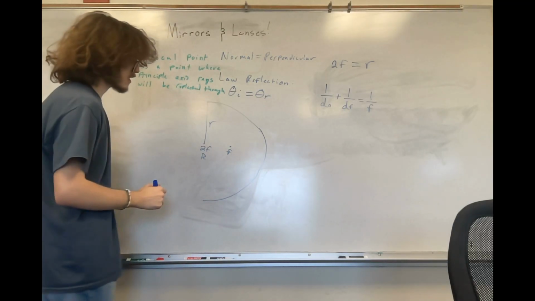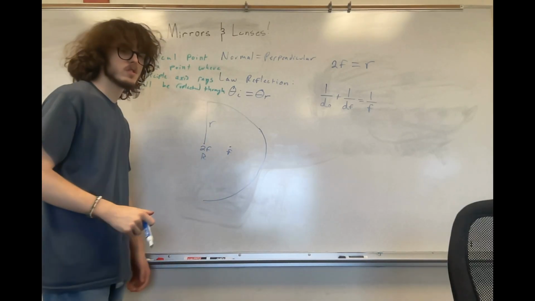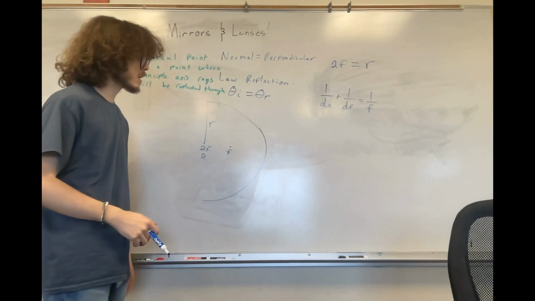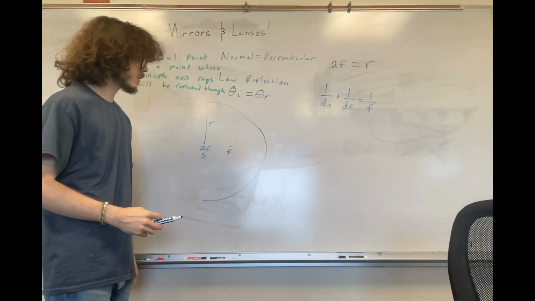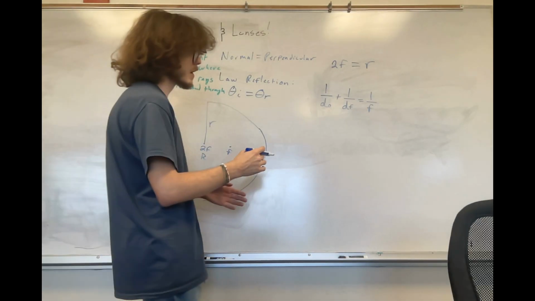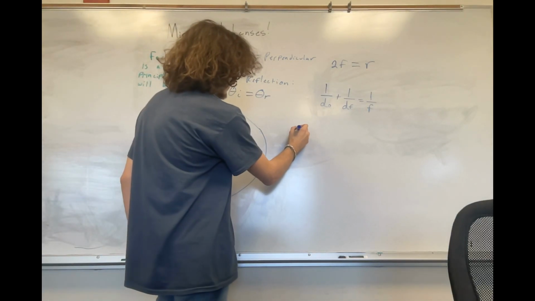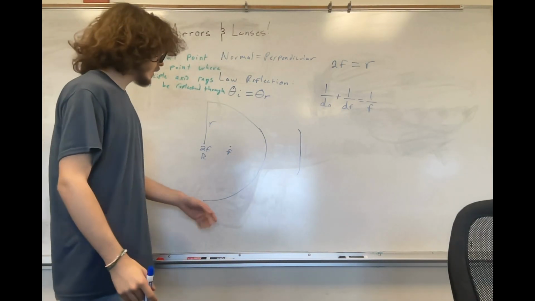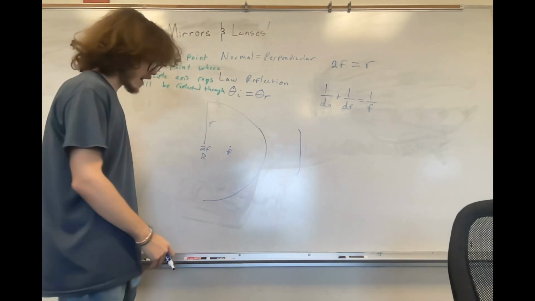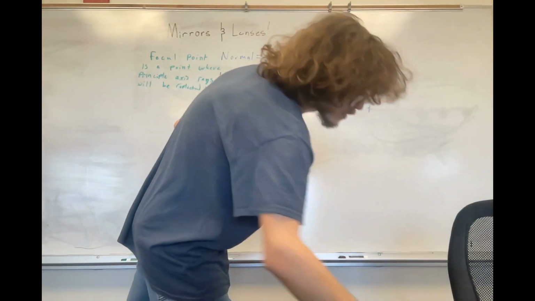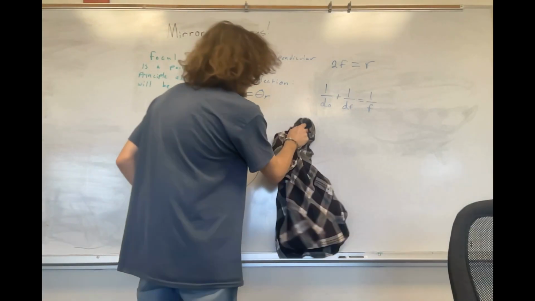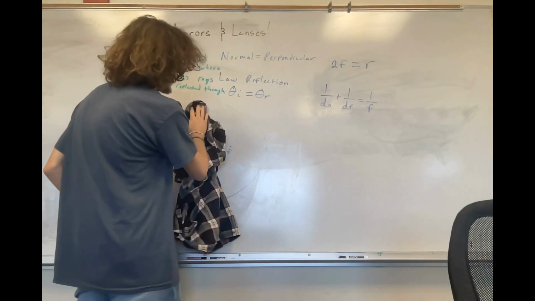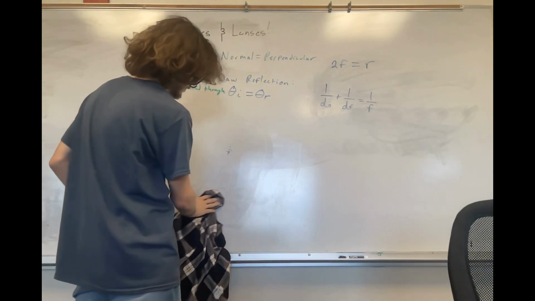So it's equal to this distance, which is the radius of your circle, thus the radius of curvature of the mirror. If your radius of curvature is larger, well then you have less of a concavity to your mirror, of course, so maybe something like that. Your radius of curvature will go all the way out there. So another important point that we must discuss.